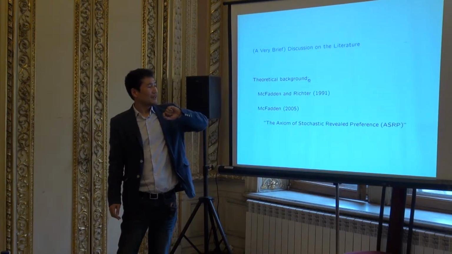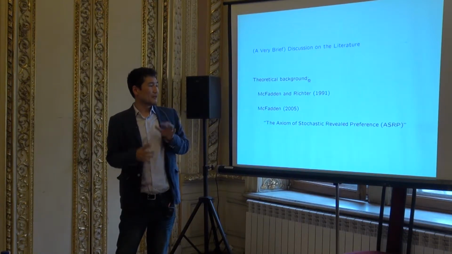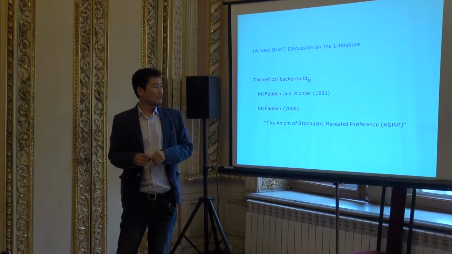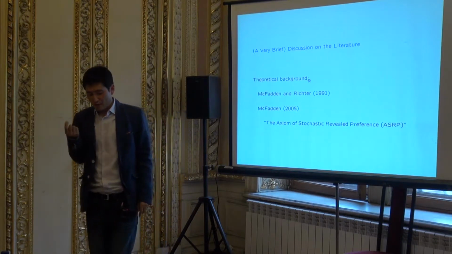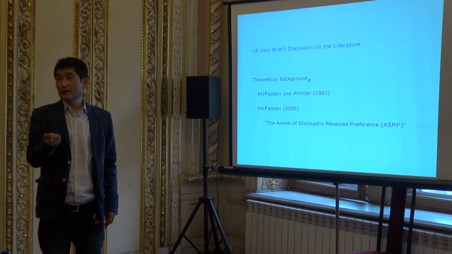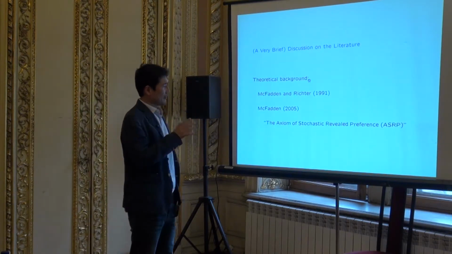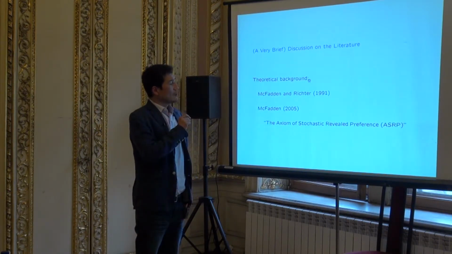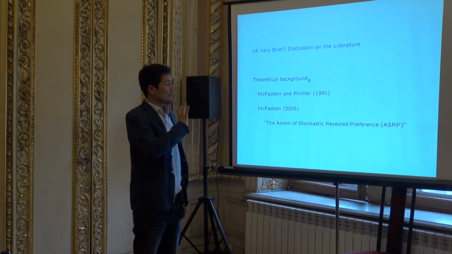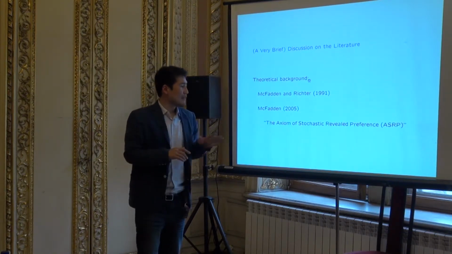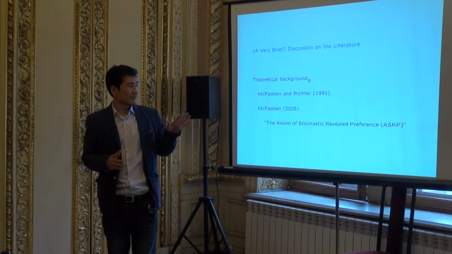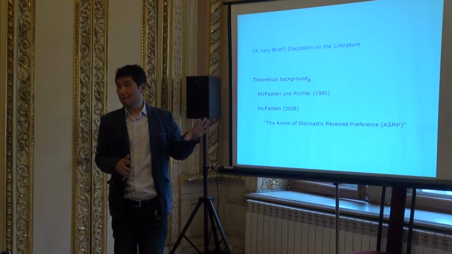If you are really interested in this kind of stuff, this McFadden paper in 2005 published in Economic Theory is a good resource. It's very technical, but everything is there. What they call this whole theory or concept is the axiom of stochastic revealed preference, ASRP.